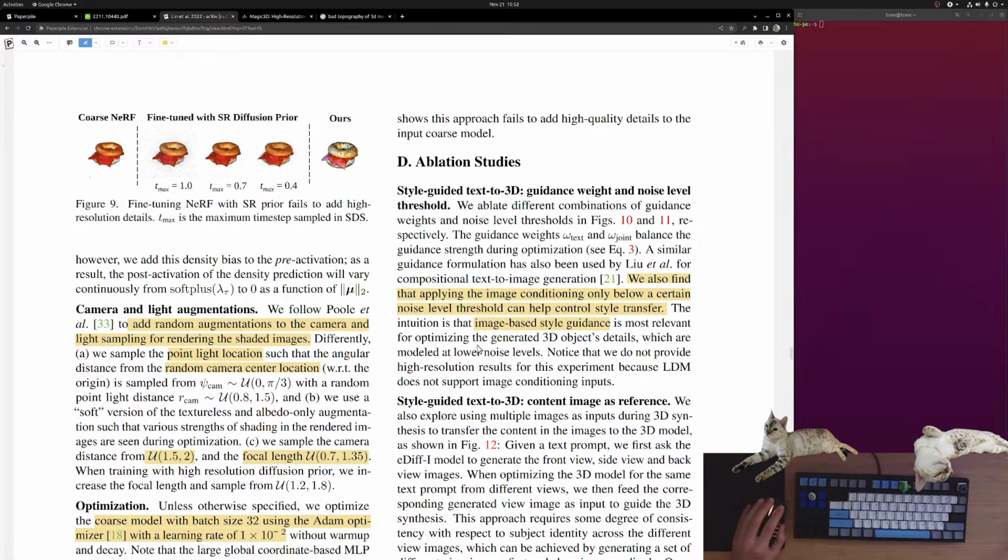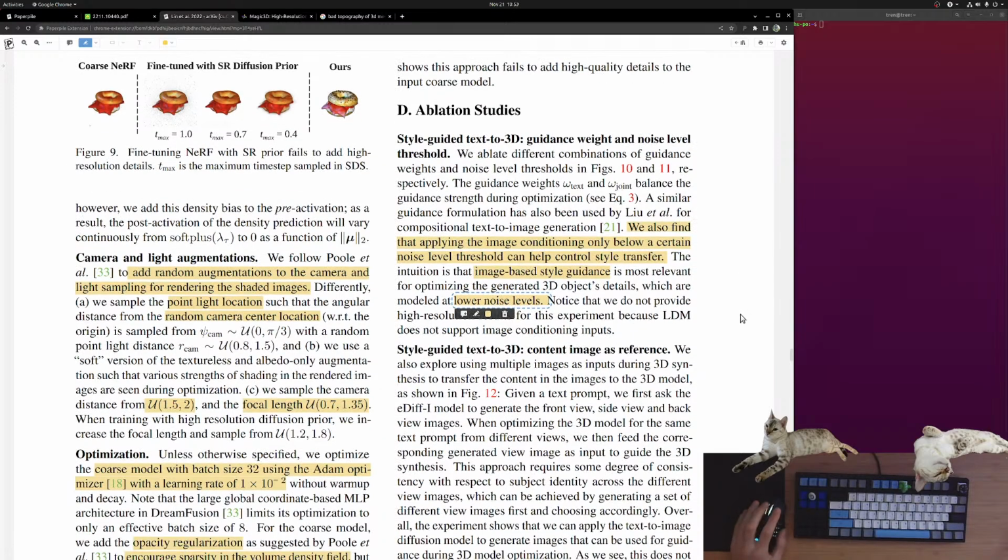So you want to be doing that at the lower noise levels, when your image isn't just completely noise, when it's pretty much there, and now it just needs to denoise the fine high resolution details.